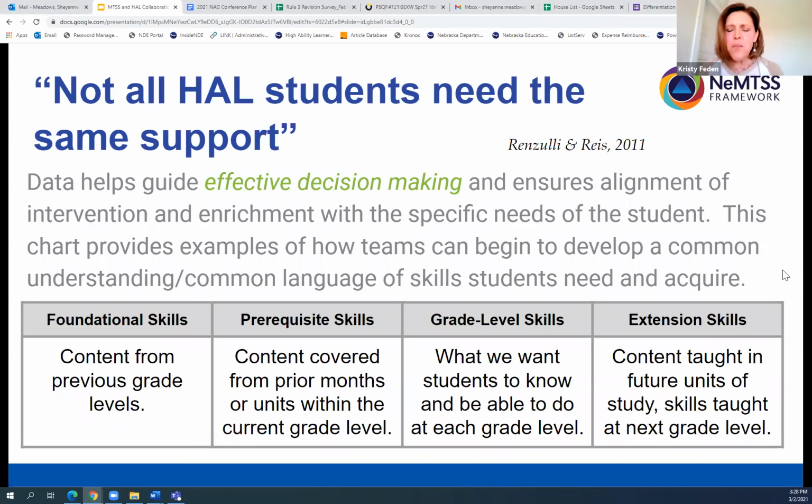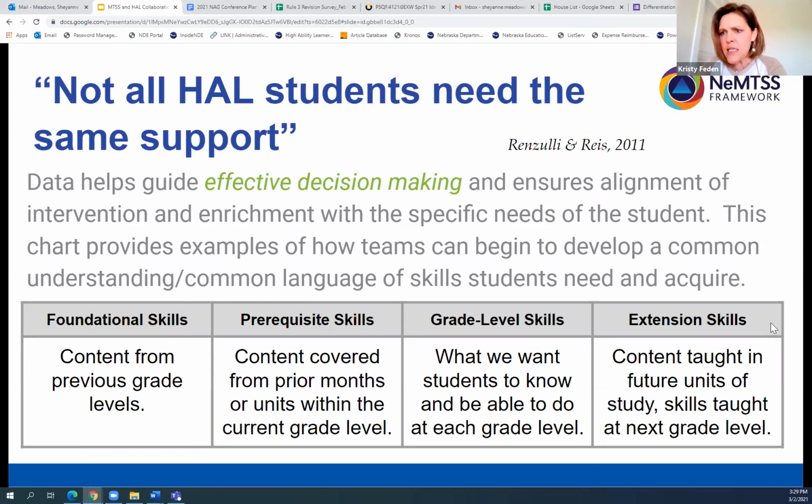So I think a really key component that I'm really excited about in our work collaborating with Sheyanne is this statement right here. Not all house students need the same support. And I think what we have seen, and this applies to multiple student groups, not just house students, is a one-size-fits-all program.